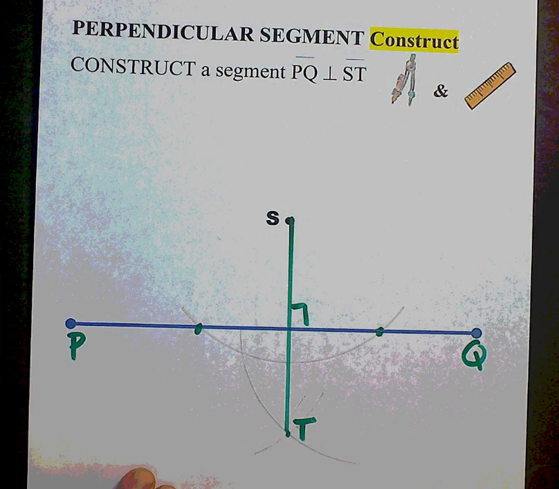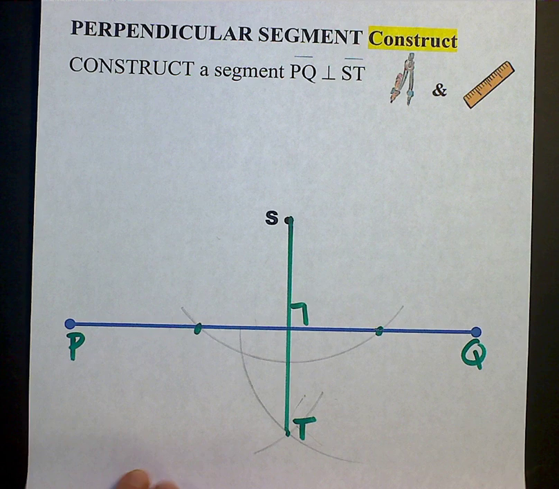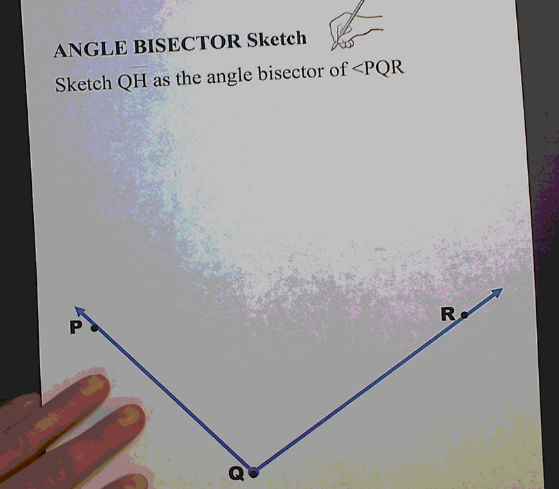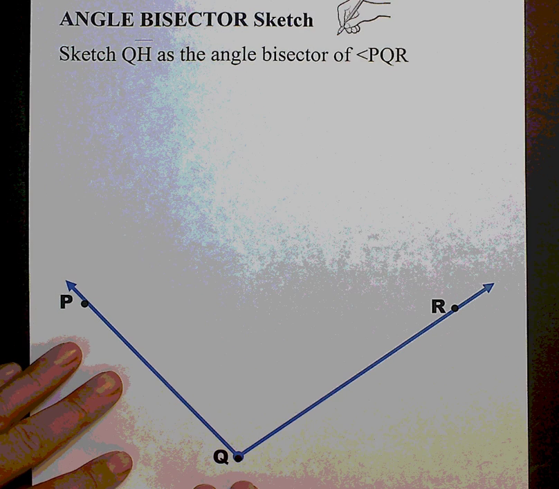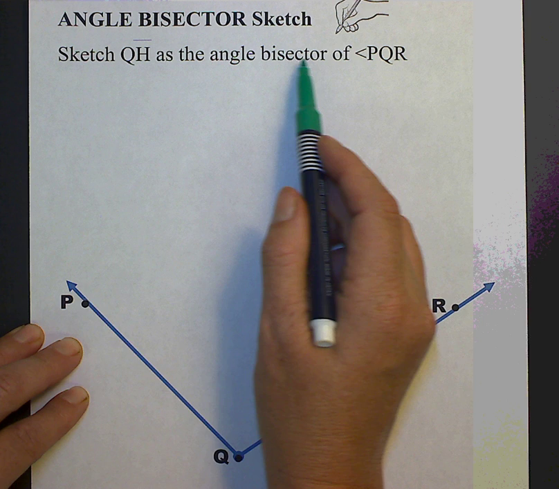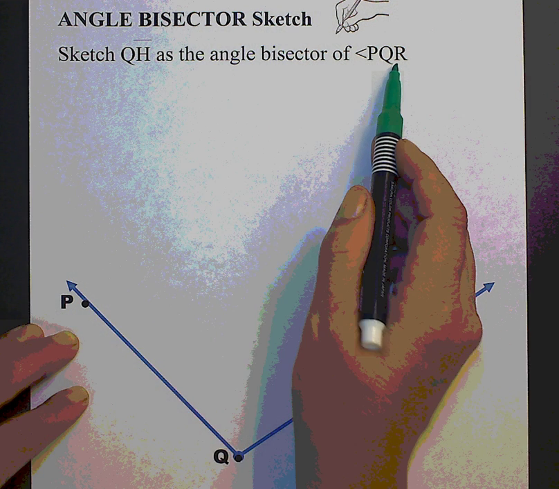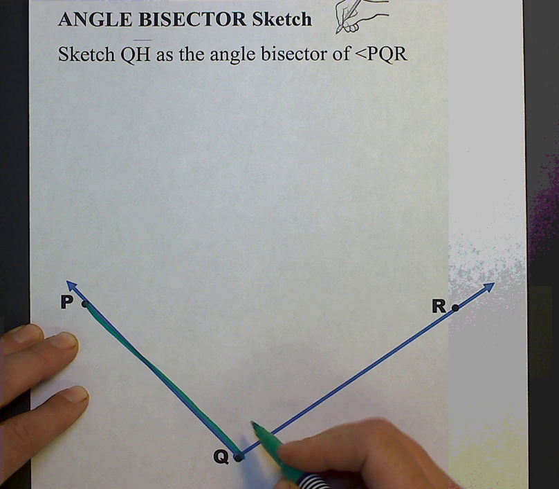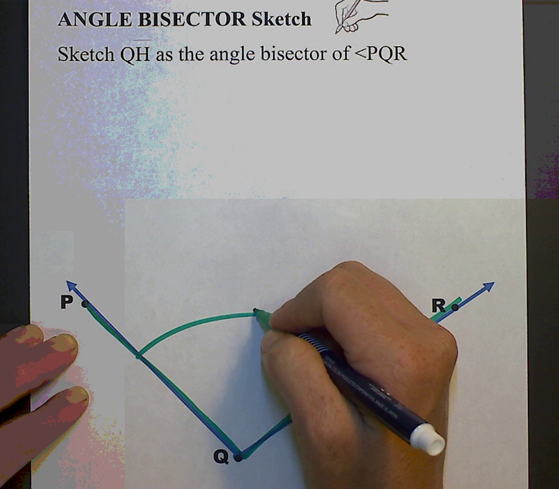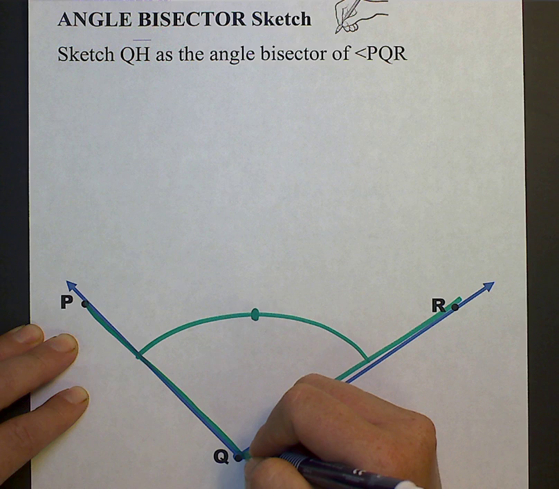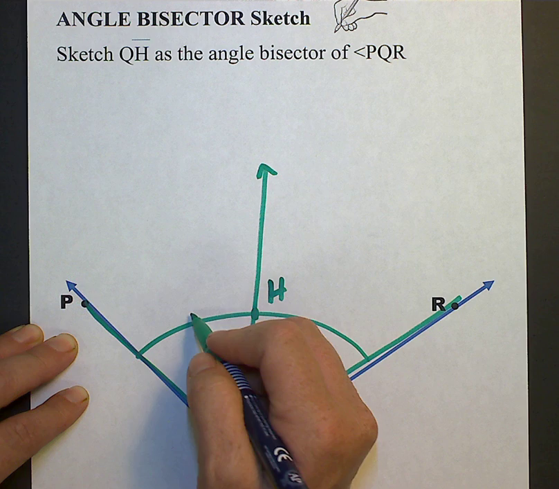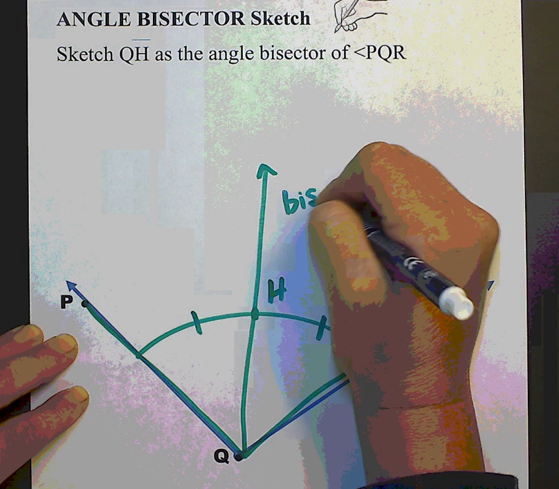The last one we're going to do here is called an angle bisector. If you were to sketch an angle bisector, sketching QH as an angle bisector of PQR, so we trace PQR, and if we're just sketching, we eyeball what looks like the middle, and that is our bisector QH, and we add the hatch marks to represent that it is a bisector.